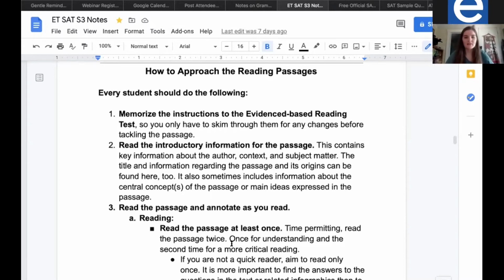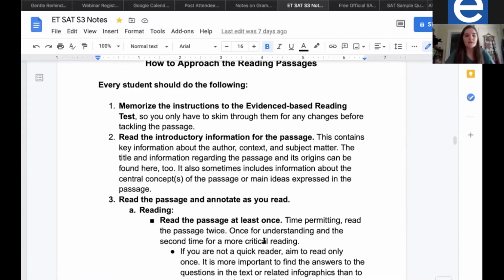But that's not usually what needs to happen. In some cases, some students might start with one passage and then have to switch their order because their strategy is no longer working as well. That doesn't typically happen. Typically, once you get started on the strategy, you're good to go.